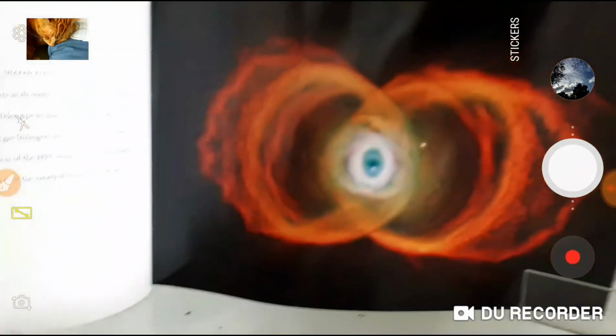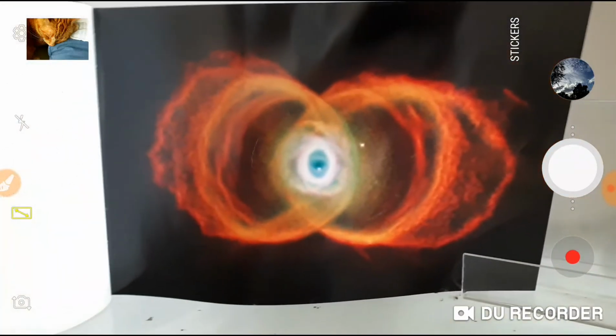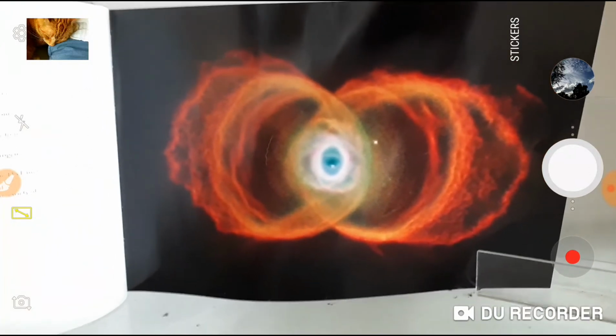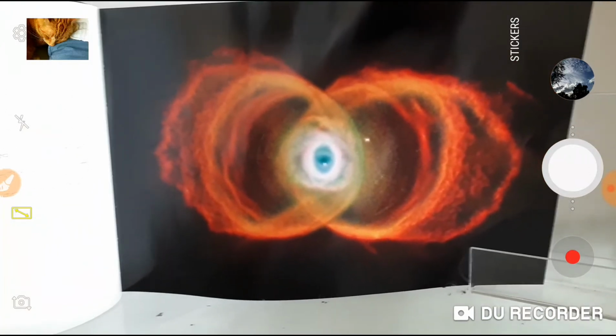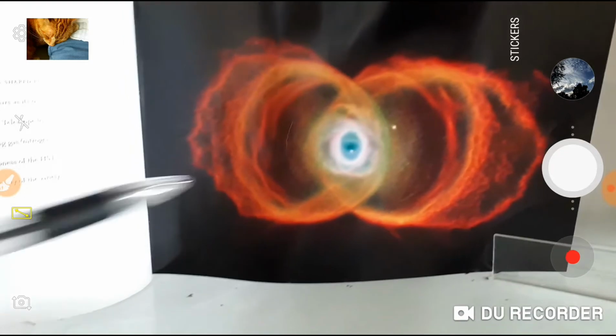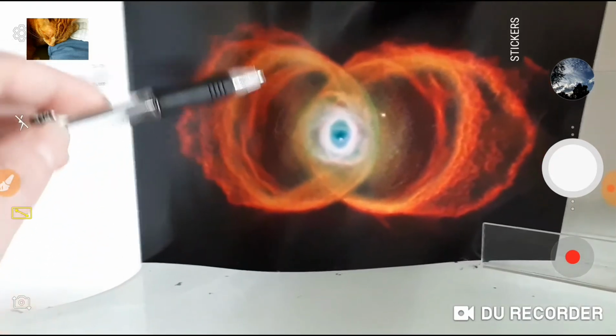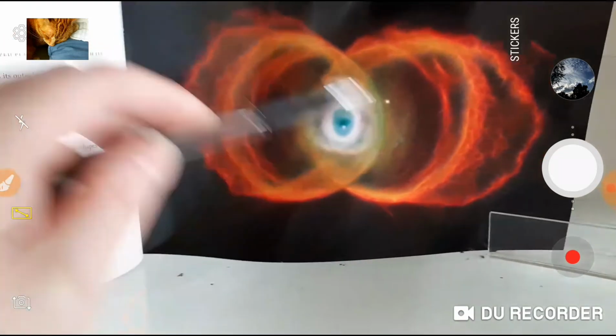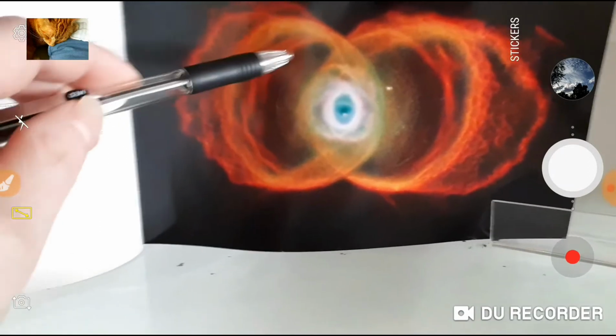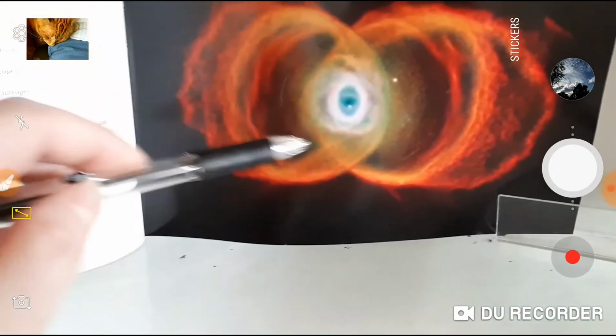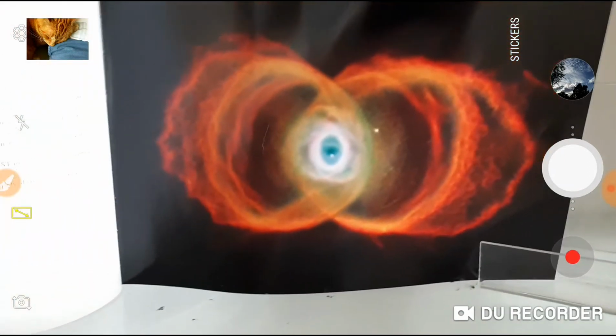Anyway, that's what it looks like. That's apparently a Hubble image of the Hourglass Nebula. You can see the 8's in there. It's got multiple ones. Vesica Pisces being created in the middle.